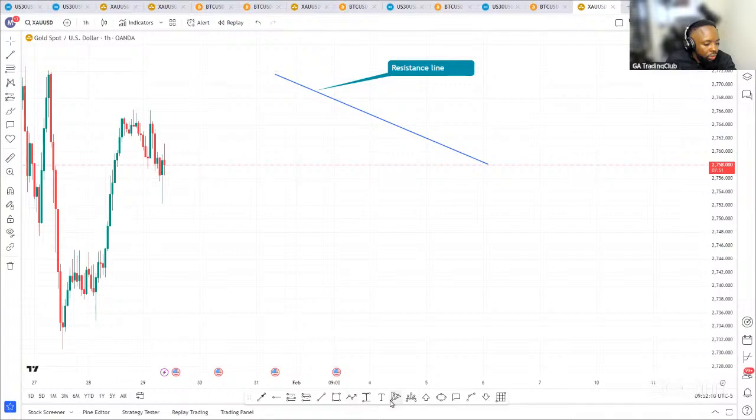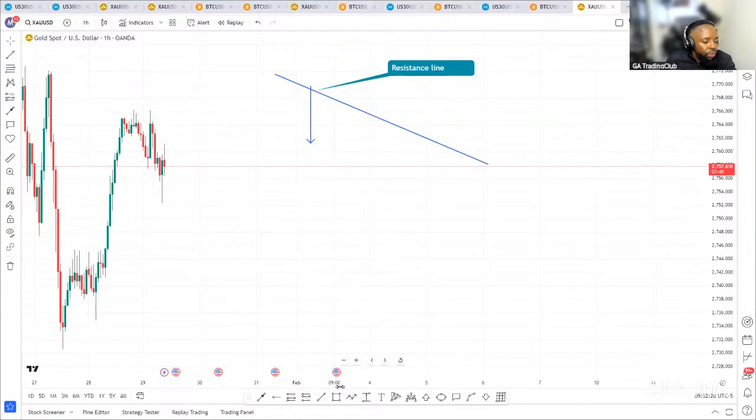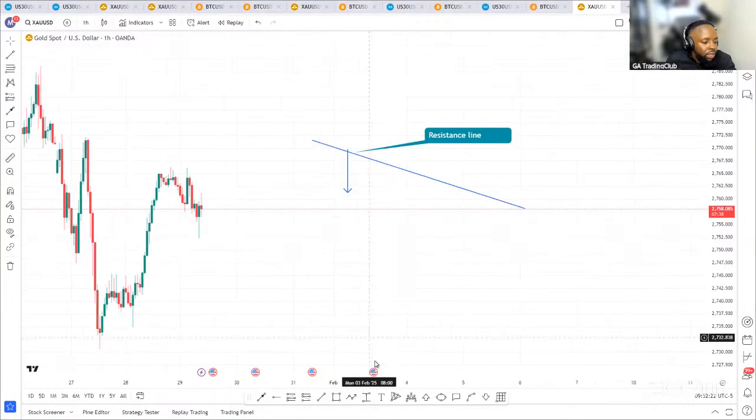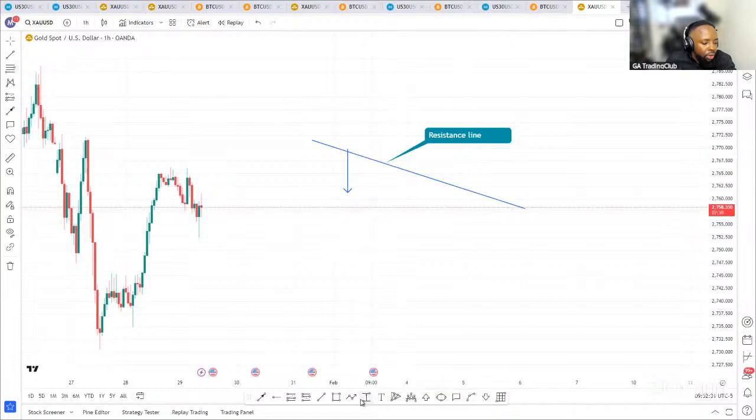And you'd be looking for a candle that rejects the resistance line, and this one.